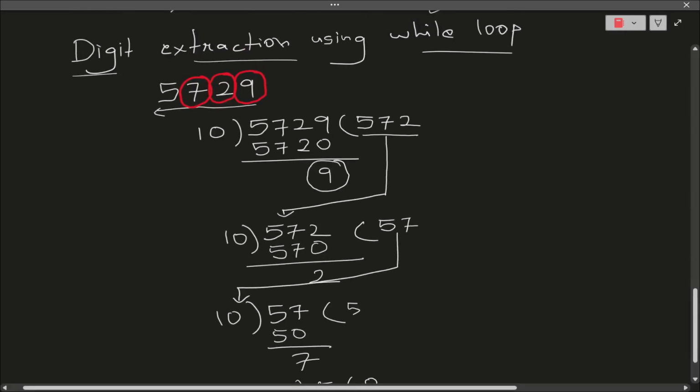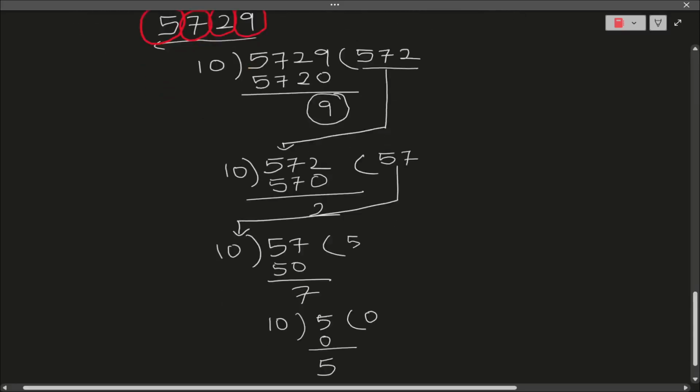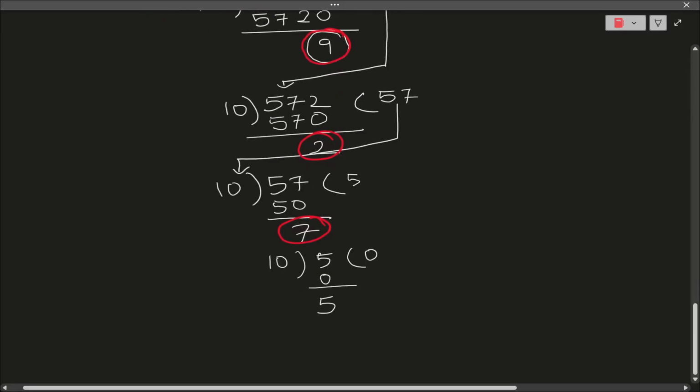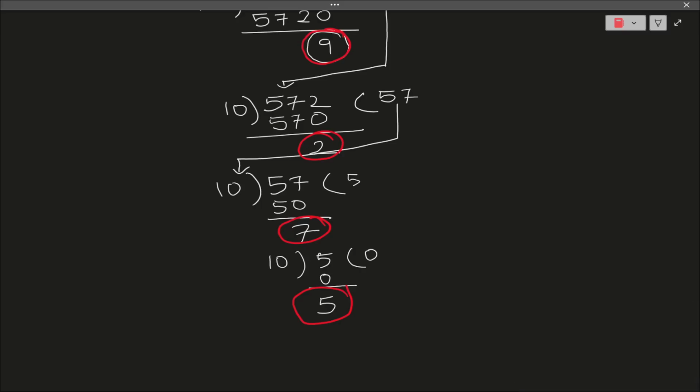Here at the extreme last step I got this. So you can observe that first I have got 9, then 2, then 7, then 5. With this, I have successfully extracted all the digits of the user given number.